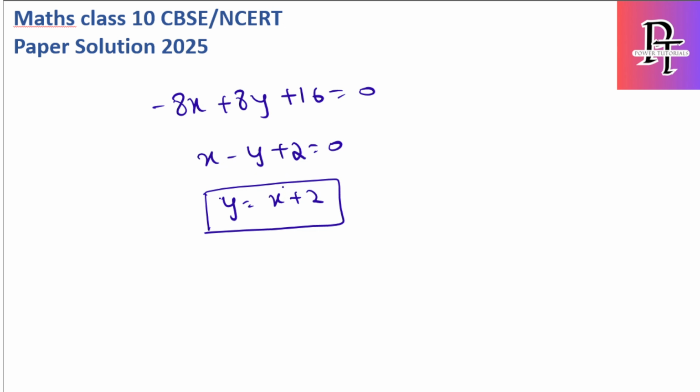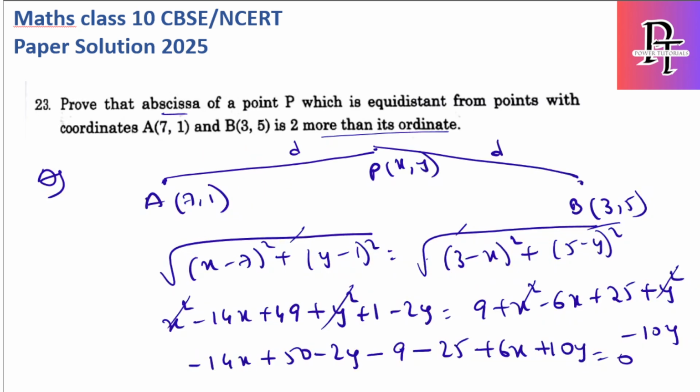Yes, correct. Okay. Let me check. I think there is some minus sign issue. I think it should be x is equal to y plus 2. Let me just cross check.